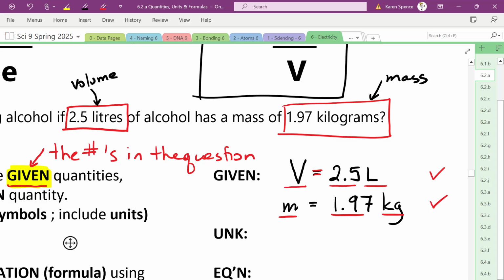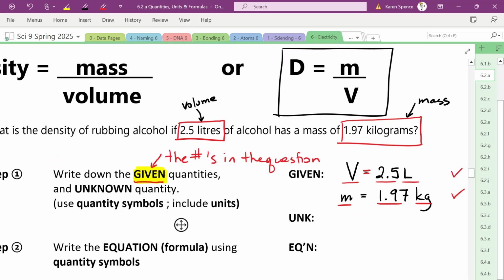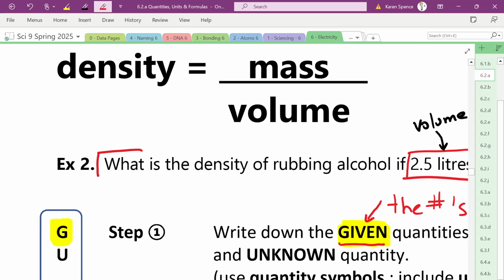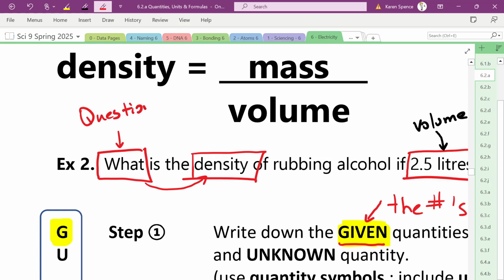To find our unknown, we look for the question word. In this case, the question word is what? And we are asked, what is the density? That's our question word. And so that tells us what our unknown is. And the unknown is the density.